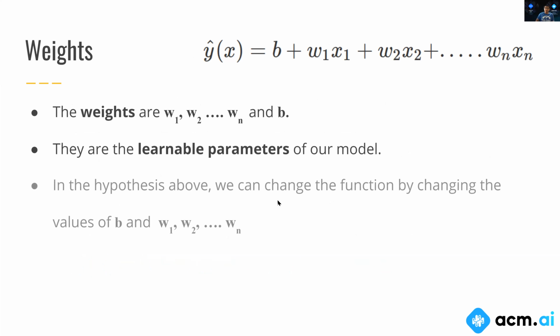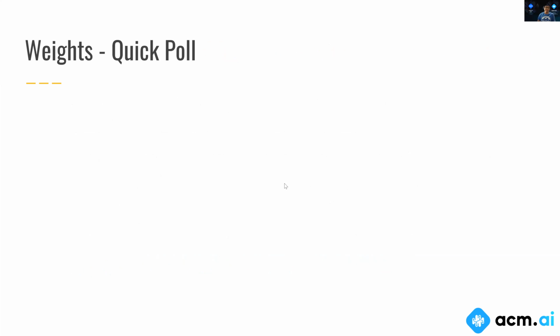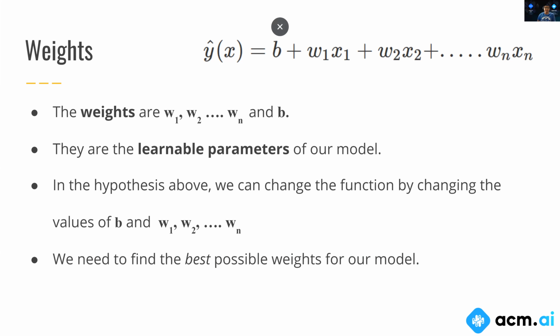Right. So we have a whole bunch of different letters in this function. What exactly are they? So W1 through Wn, these are known as weights. And we have another constant called B, which is the bias.